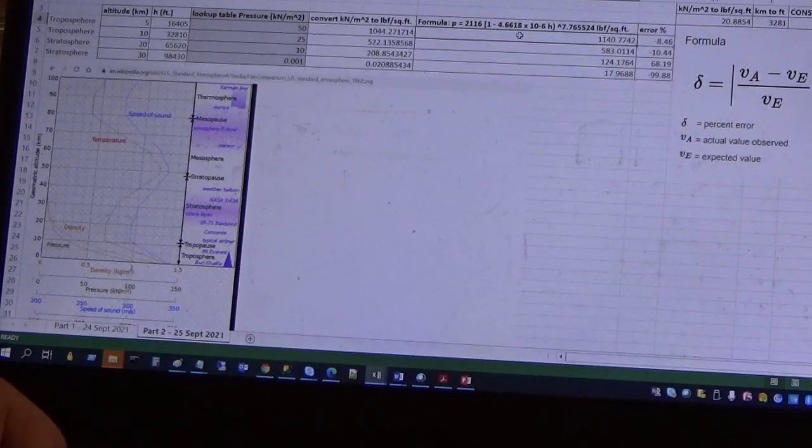This is what we calculated from the formula, and that would be in column F, and the actual value is in column E, and the error would be the difference between the actual value and the expected value, and then divided by the expected value. So here are our errors. That concludes the second part of the homework assignment.